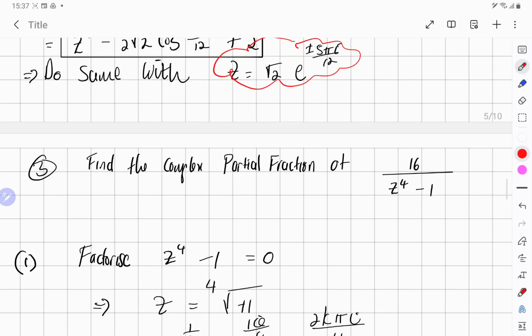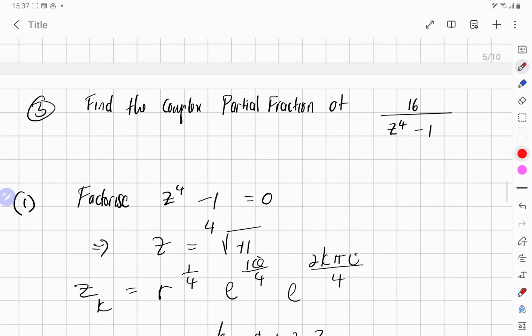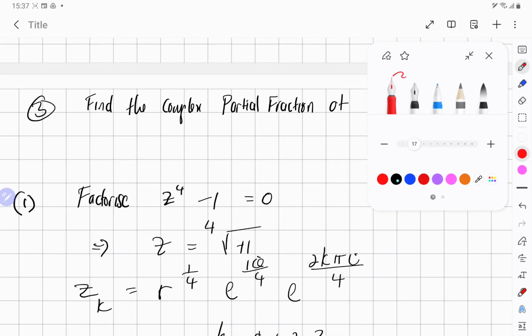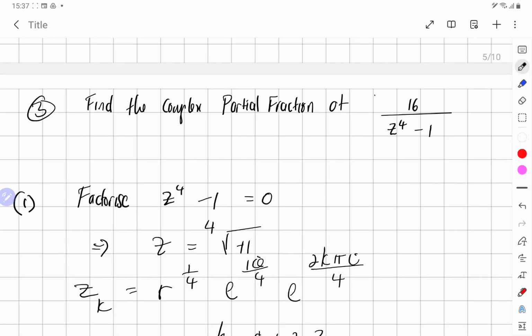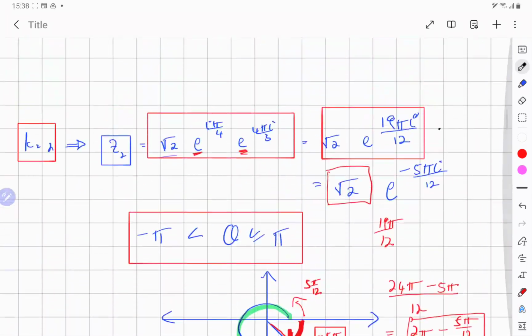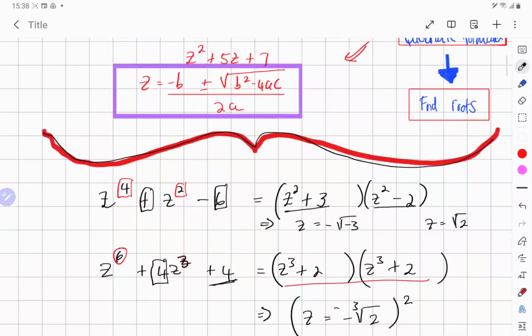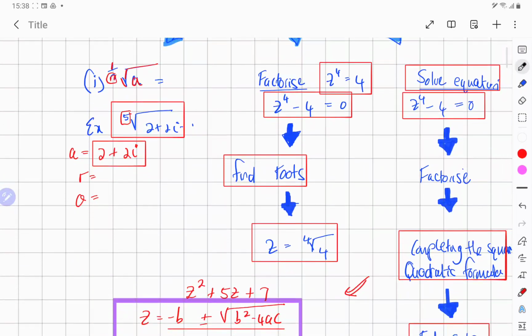Now, let's go to our final example for roots and polynomials. In this video, they will ask us to find the complex partial fractions of 16 over z to the 4 minus 1. So just to recap, in the beginning, I did the summary, because a common pitfall is that when students see this factor, they try to immediately just do z squared minus 2, z squared plus 2.